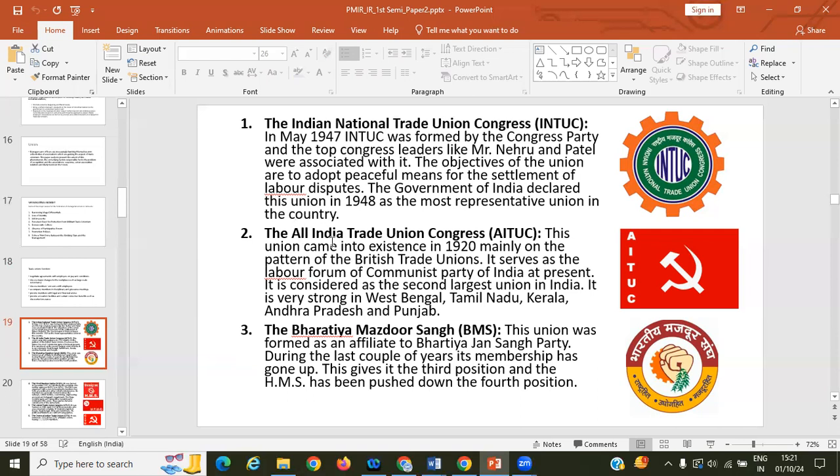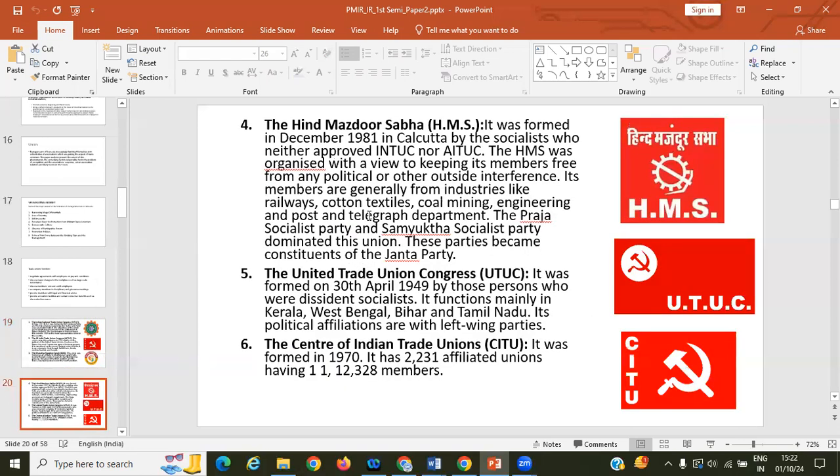There are some other trade unions: All India Trade Union Congress, AITUC. BMS, Bharatiya Mazdur Sangh, was formed as affiliated to the Bharatiya Janasangh Party. These are different unions. There are some others, like the Hind Mazdur Sabha, HMS, formed in 1981.